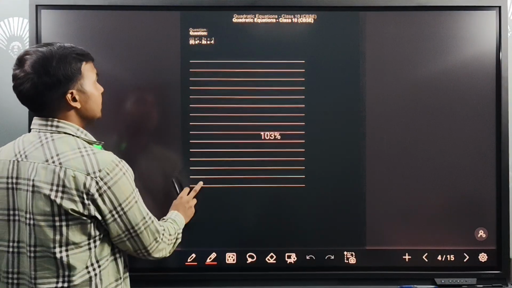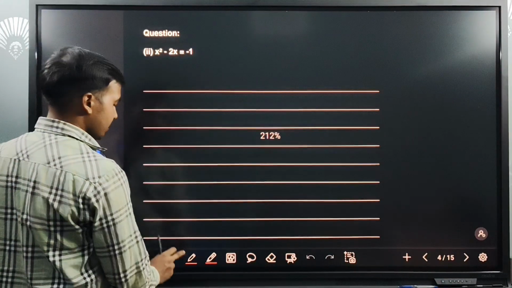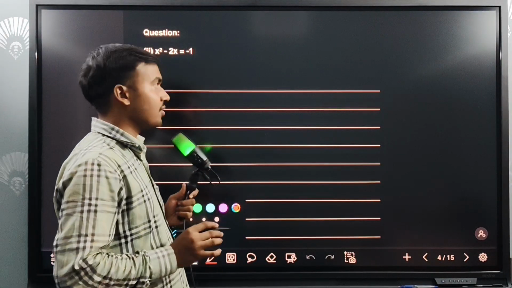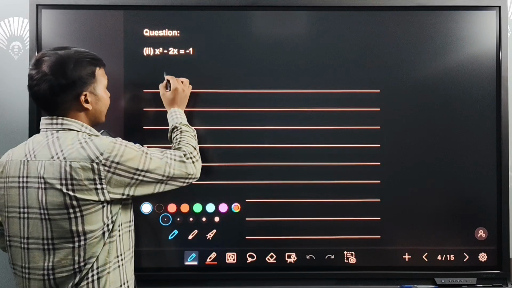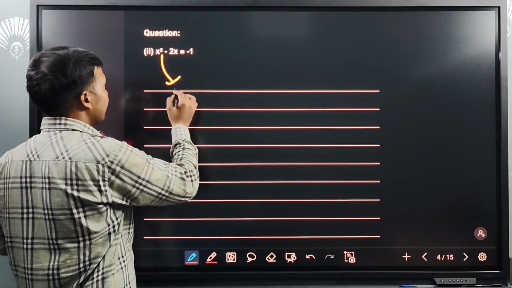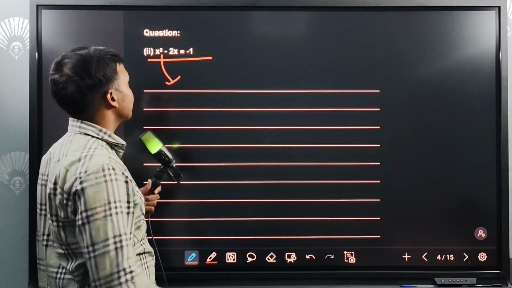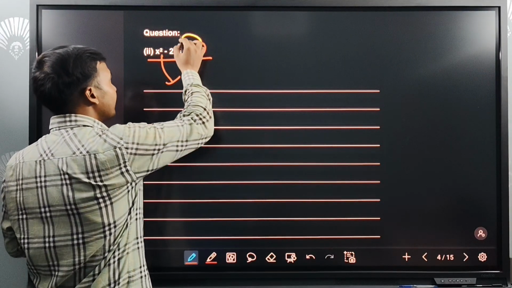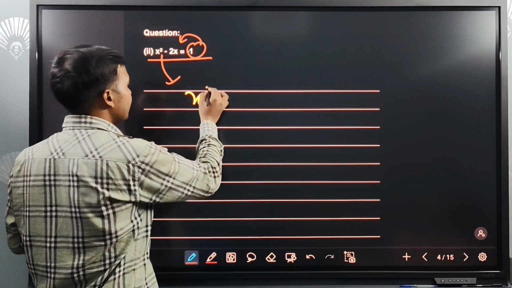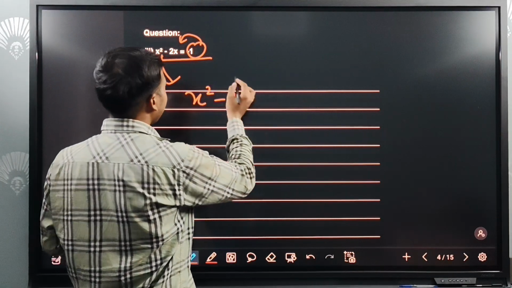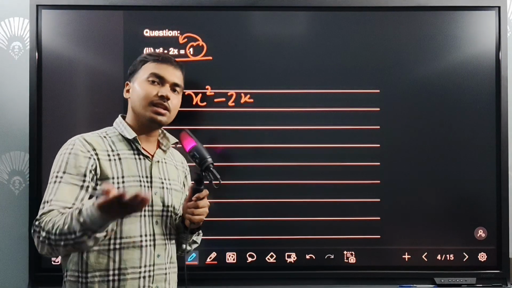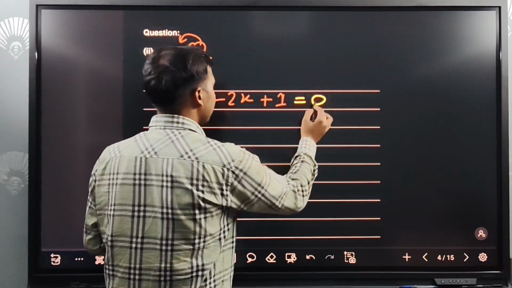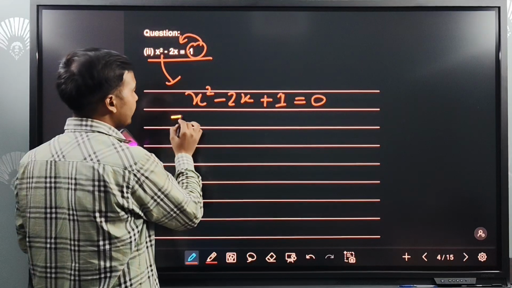Our next question is x square minus 2x minus 1. We will also bring this into the standard form of a quadratic equation. This is on the right hand side, so we will bring it to the left hand side. We can write it as x square minus 2x, and minus 1, when it goes to the left side, becomes plus 1, equals 0.